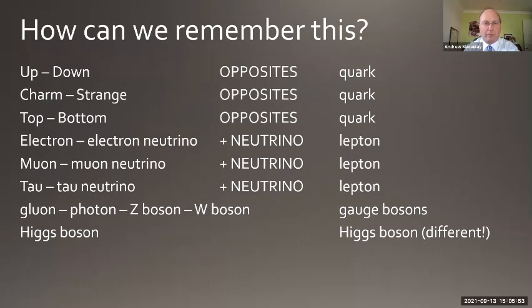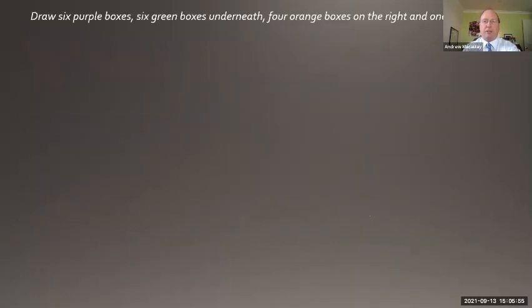So here's how we go. If you have a piece of paper that's blank in front of you, this is how you learn the standard model of matter. First of all, draw 6 purple boxes, and then 6 green boxes underneath, and then 4 orange boxes on the right-hand side and 1 yellow box. If you don't have those colours, that's okay. You can use a black pen, because in the exam, of course, that's what you'll be using.